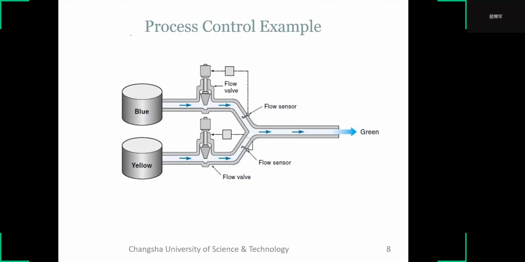This is a process control example. Mix the blue and the yellow, and get the green. Every component functions in the right sequence, and we can get the right result: blue and yellow to green.